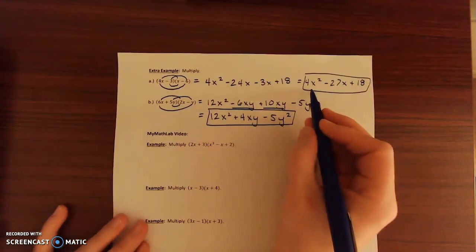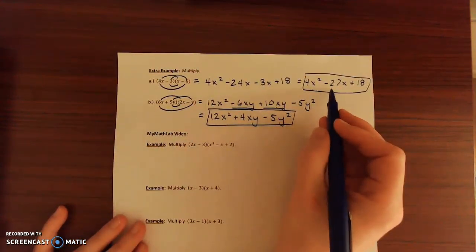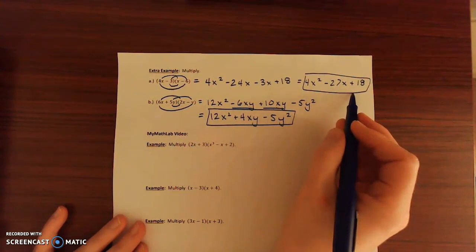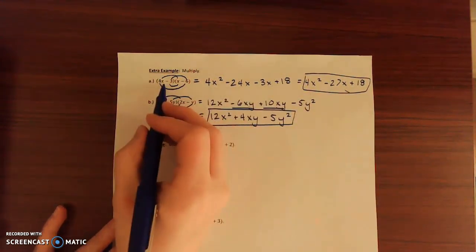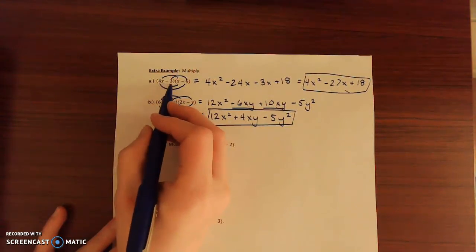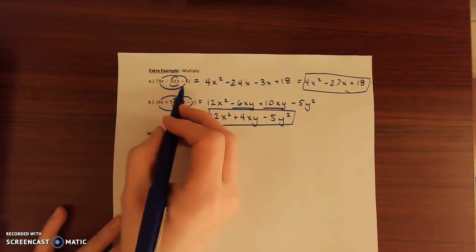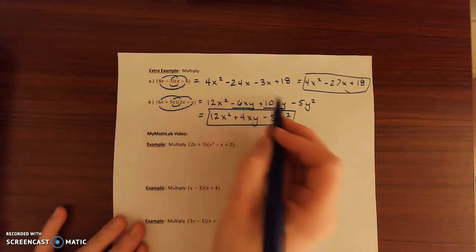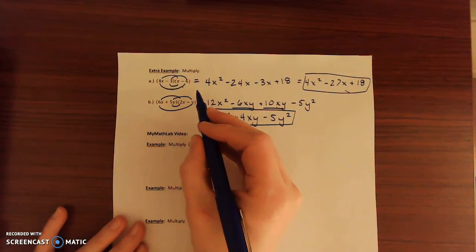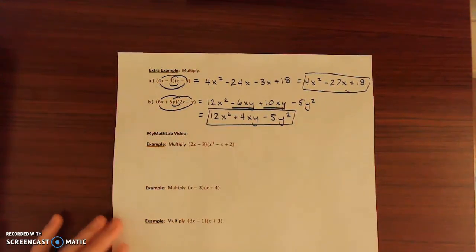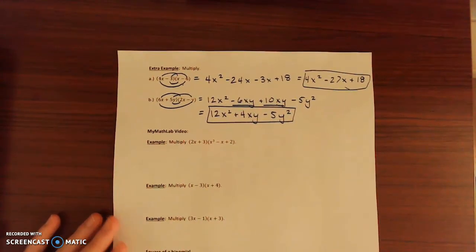So you'd be looking at an expression like 4x squared minus 27x plus 18, use what you know about FOIL, and manage to rewrite it as this product, 4x minus 3 times x minus 6. So if you're not comfortable going forwards, you will not be comfortable going backwards. So make sure you do a lot of practice with those in section 5.4.